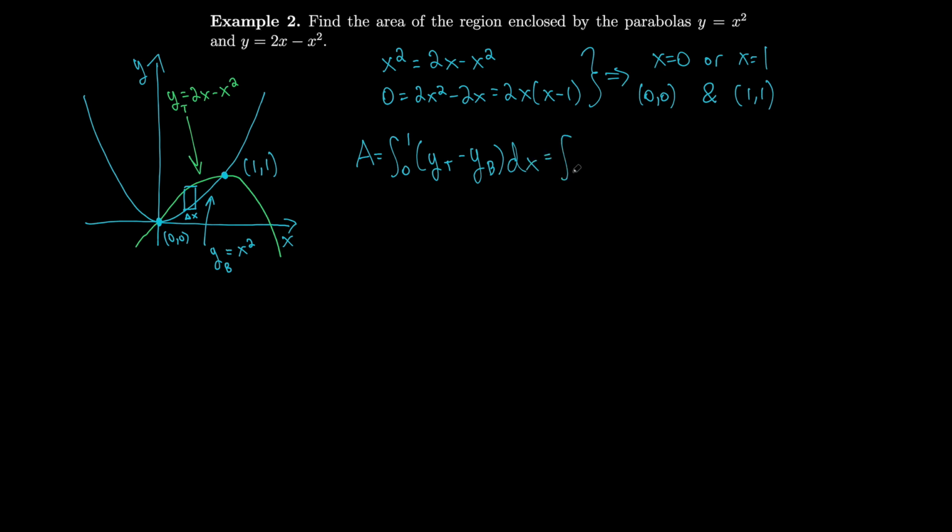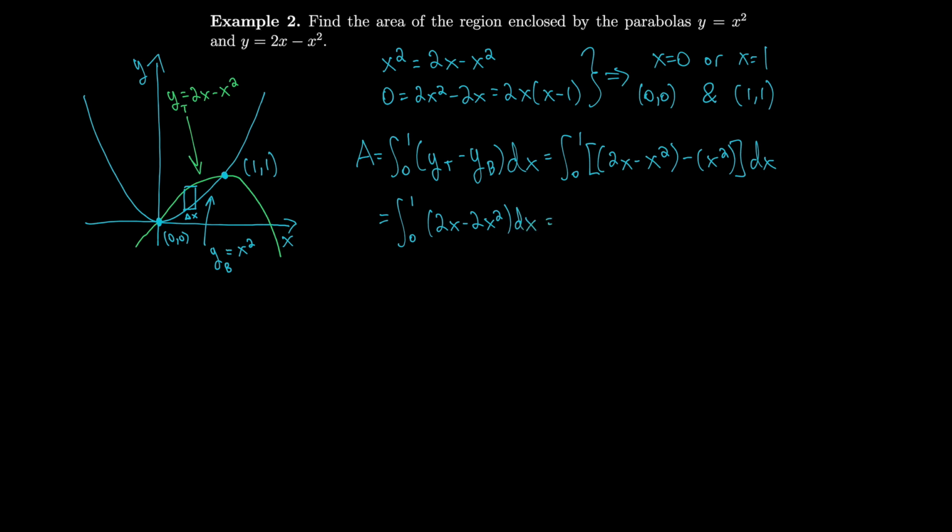which we plug in, and we get that it's the integral of 2x minus x squared minus x squared, which is the integral from 0 to 1 of 2x minus 2x squared.